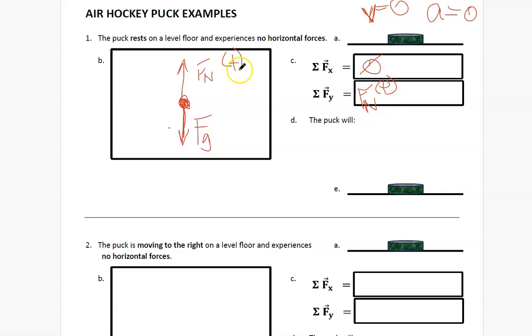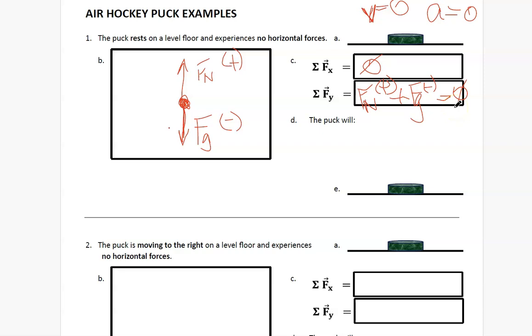It's going up. This is a negative direction force going down. And when we add those two forces together, keeping track of the positive and negative signs, they cancel each other out. So we know the sum of these is also zero.